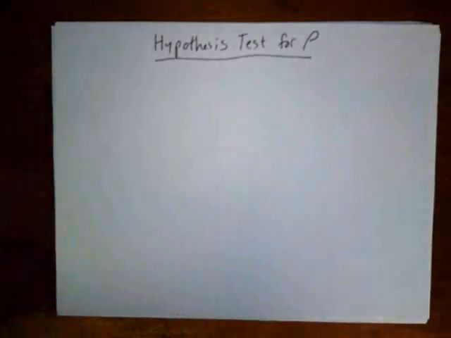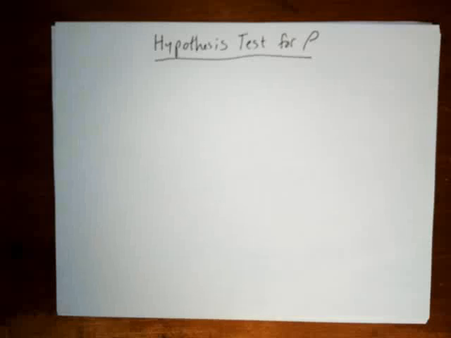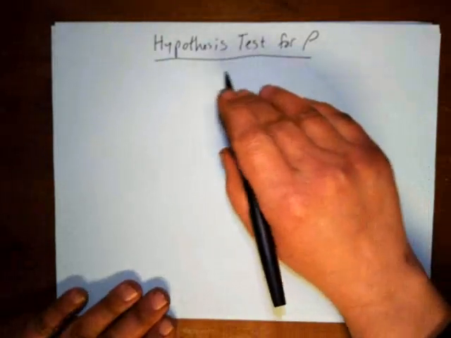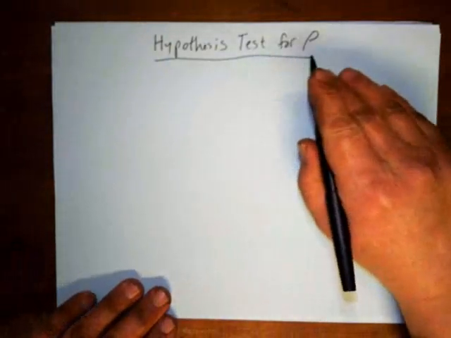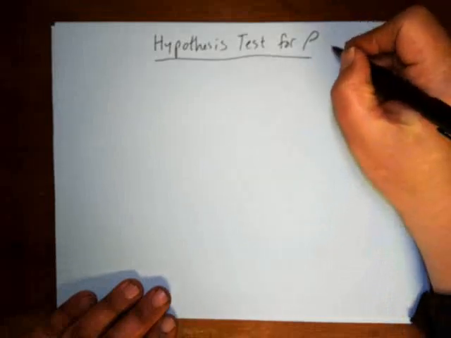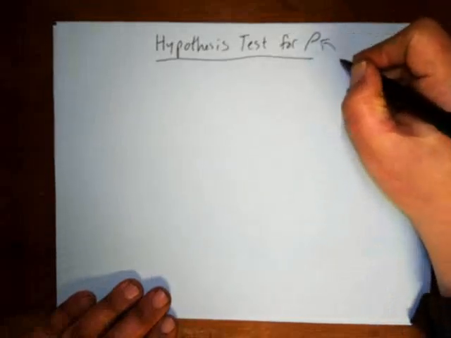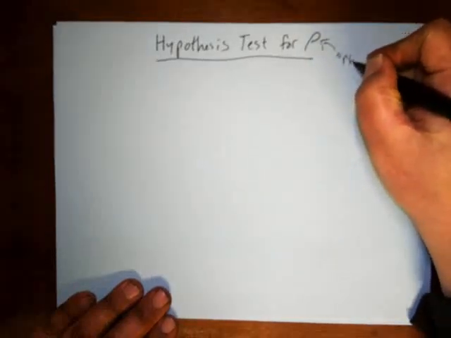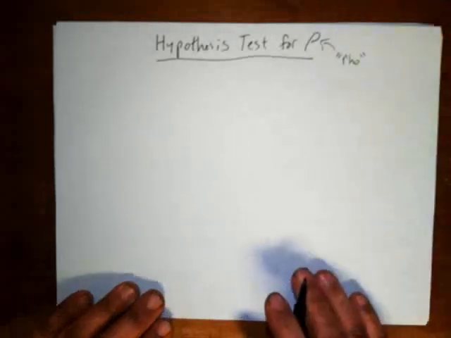We're going to learn one more hypothesis test. And this is a hypothesis test for rho. This is actually a lowercase r in the Greek alphabet, and you call this rho.